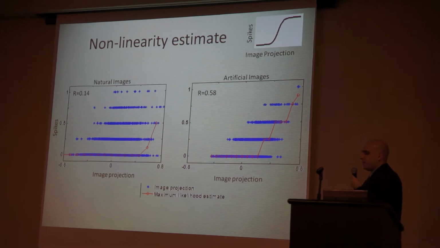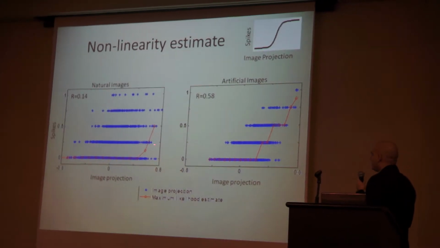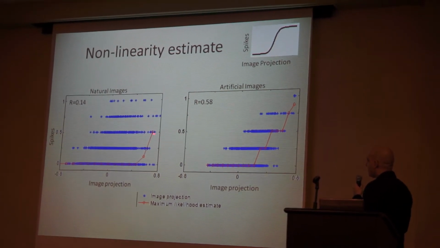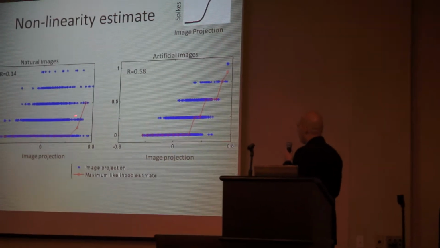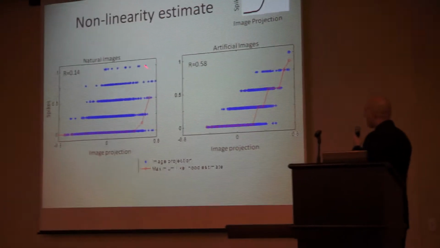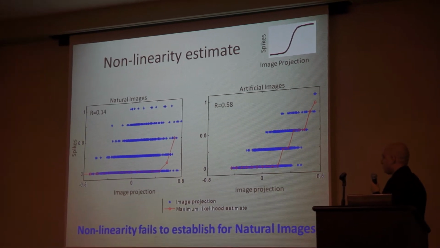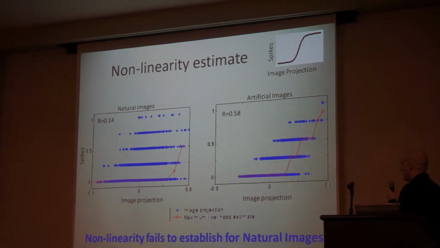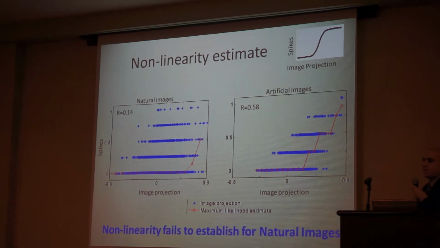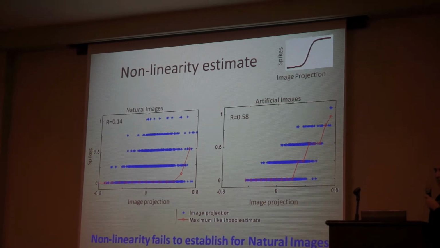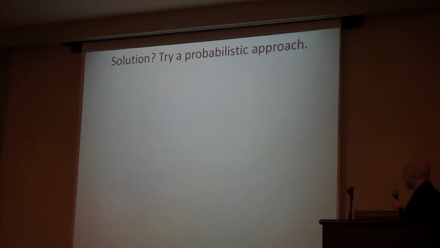However, when I do the same thing with natural images, the estimate rises minutely, and it does not capture the bulk of the cloud, it only captures those highest image projection points. So the nonlinearity is the problem when I try to predict responses to natural images.